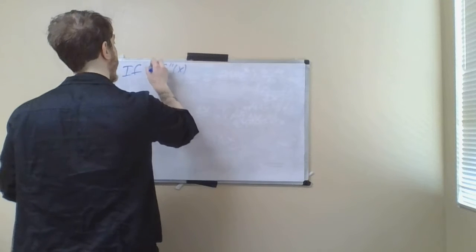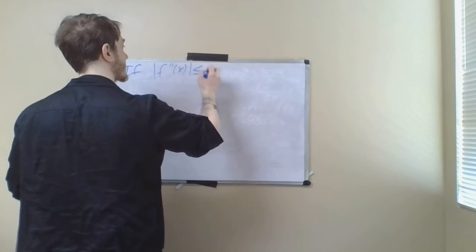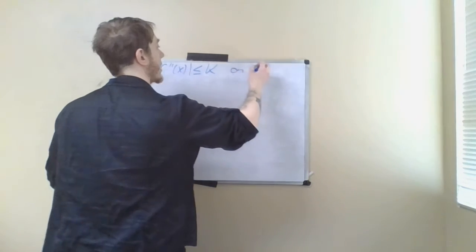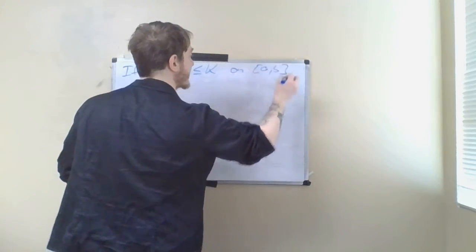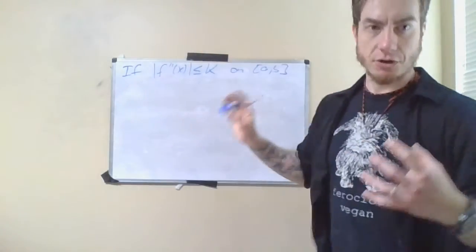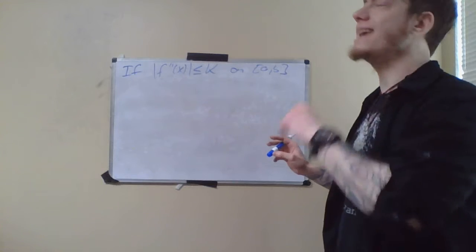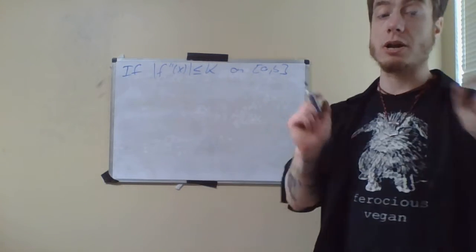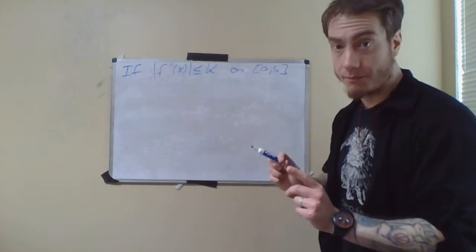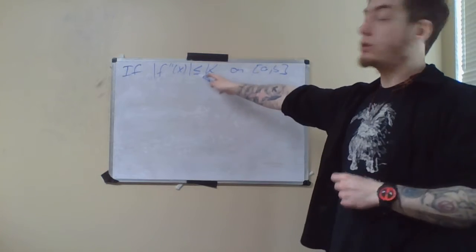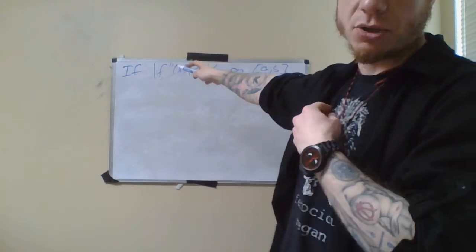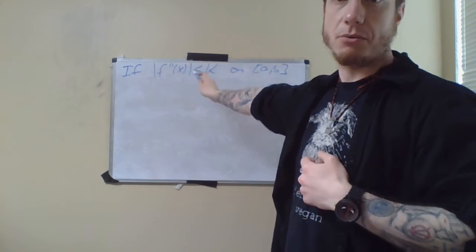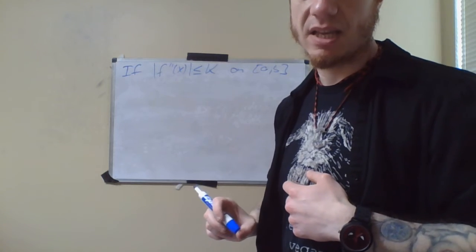If the absolute value of f double prime of x is less than or equal to k on the interval from a to b, so we're taking that interval where we are trying to approximate the integral, and we are looking at the second derivative, and we want something that bounds the second derivative.